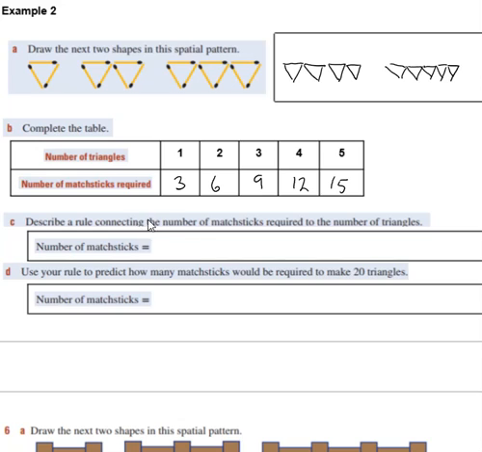Now, describe the rule connecting the number of matchsticks required to the number of triangles. Well, for every triangle we have got 3 matchsticks. So it's going to be number of matchsticks equals 3 times the number of triangles.